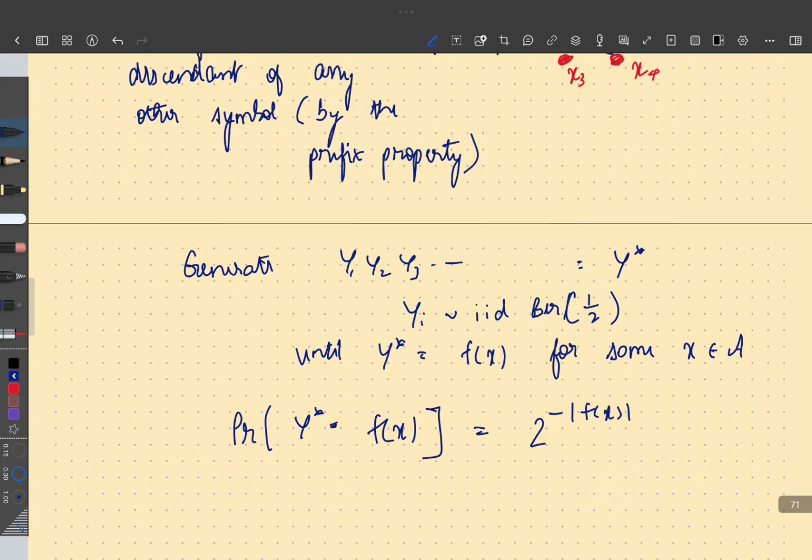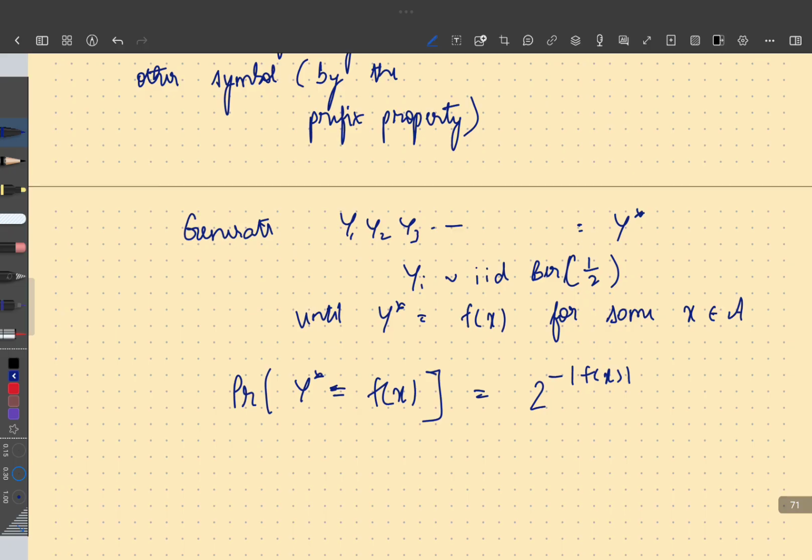All right? So this is exactly equal to this, and the events that y star is equal to f of x and y star is equal to some f of x prime are mutually exclusive. The intersection is empty.